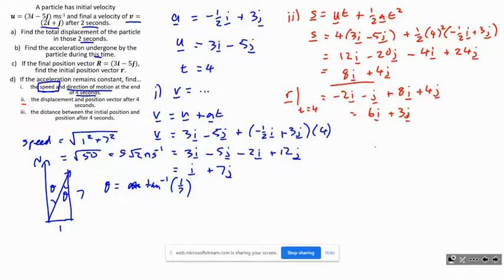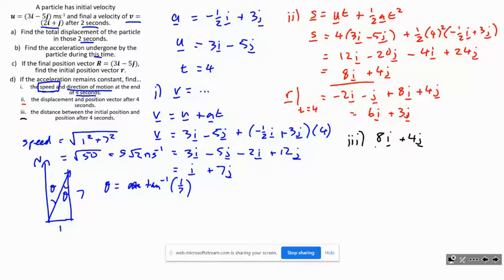If we want the distance between the initial position and the position after 4 seconds, then for the third part, which I'll do in black, that is all to do with our displacement. Our displacement from our initial position was 8i + 4j.